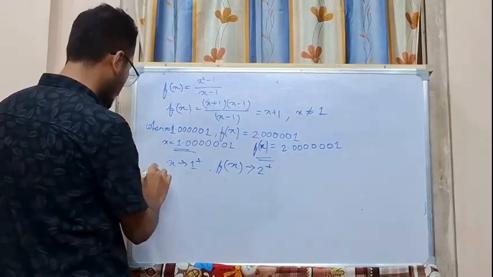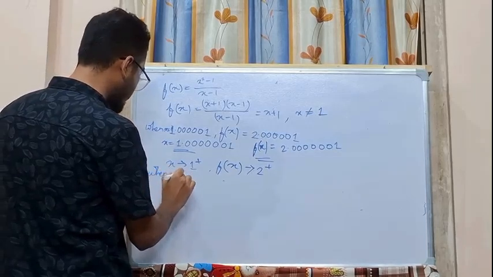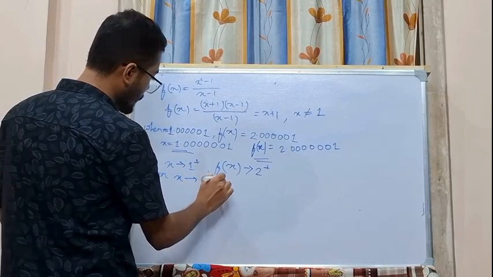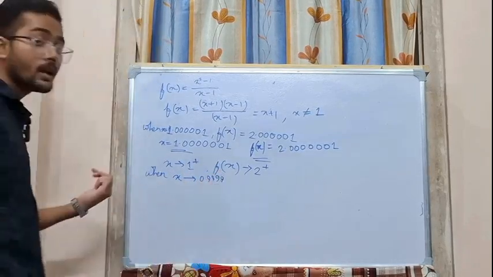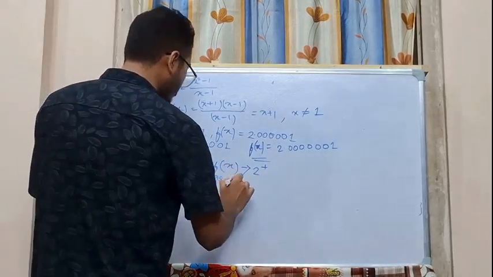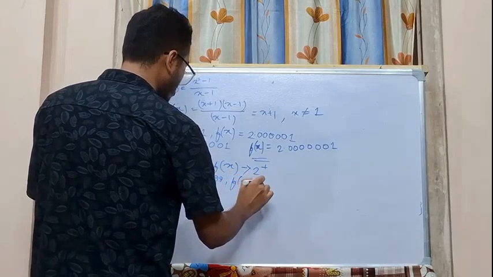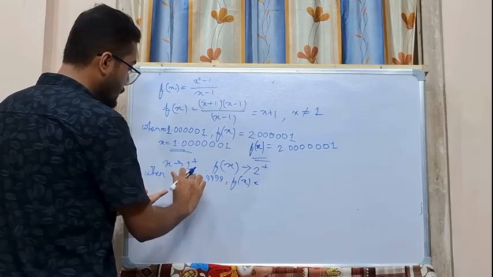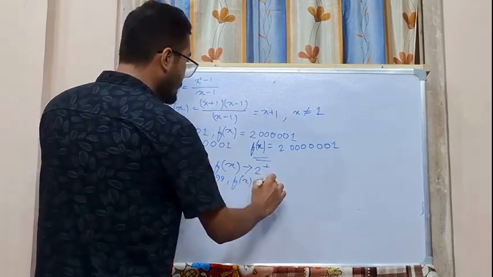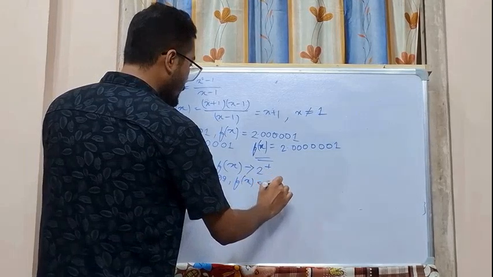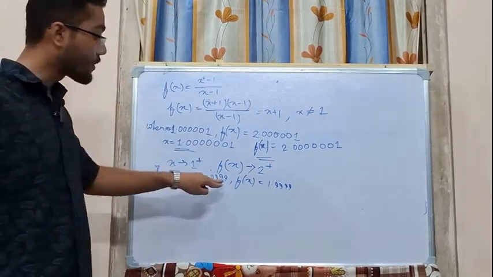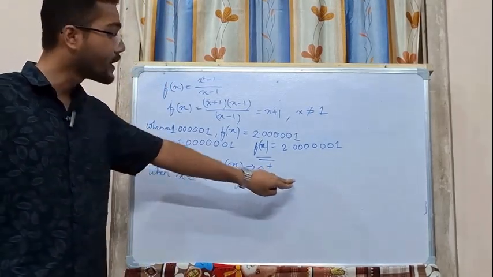Now let x approach 1 from its left side, the negative side, the lower side. Then f(x) will be what? When x is 0.9999, f(x) is 1.9999. If x is very close to 1, f(x) is very close to 2.